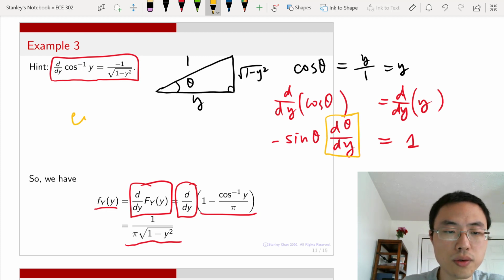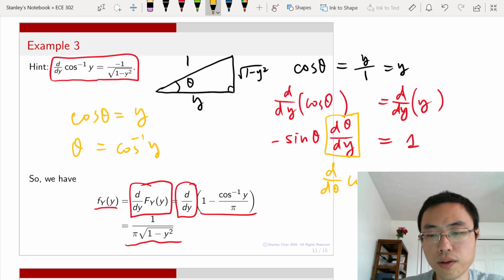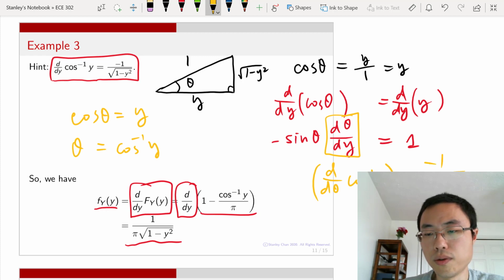Now, this d theta/dy is what? Well, we know that cosine theta is y, and so theta has to be cosine inverse of y. And so now you have d/dy of cosine inverse of y sitting here. And so the only thing you need to calculate would be this minus 1 over sine theta.